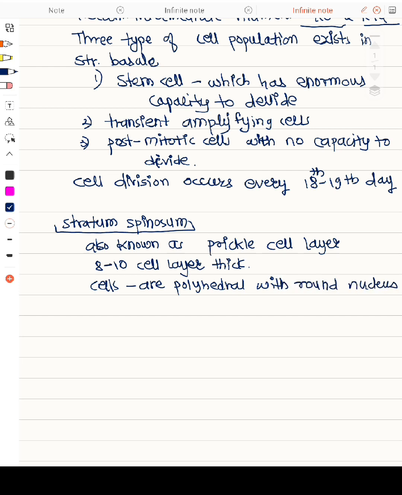They contain spinous processes, which are due to the abundant desmosomes present in the stratum spinosum. These spinous-looking processes are the desmosomes.